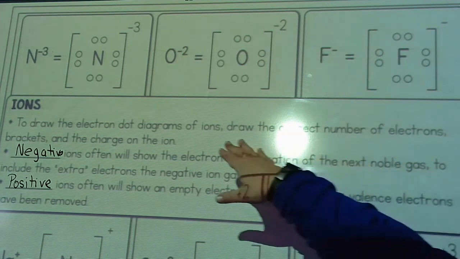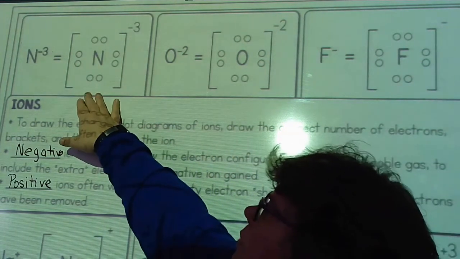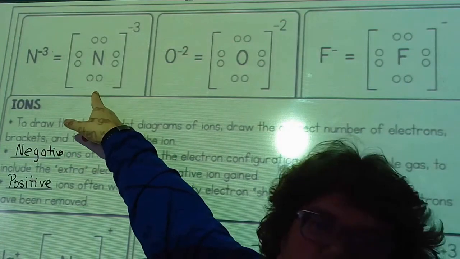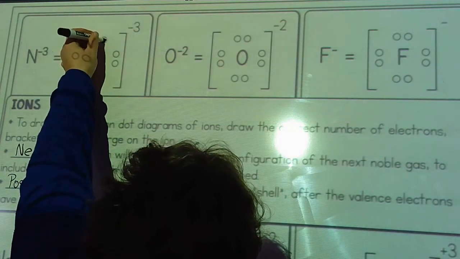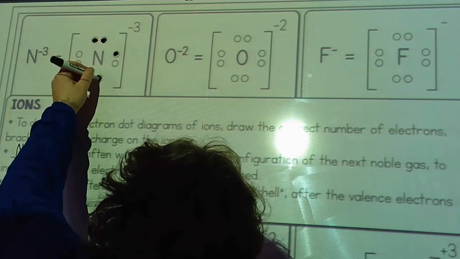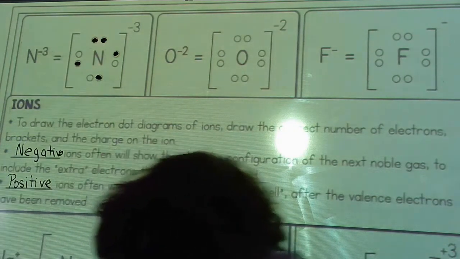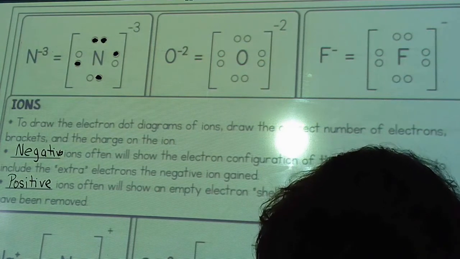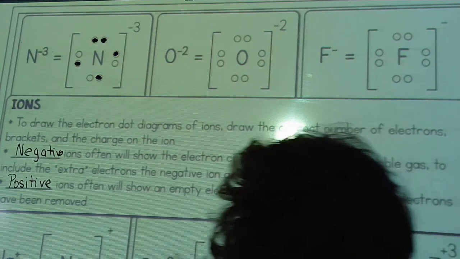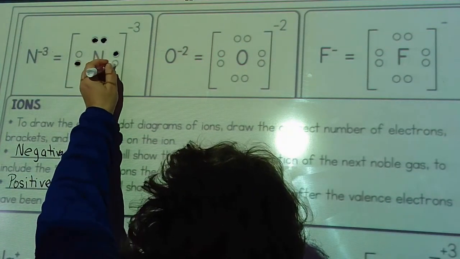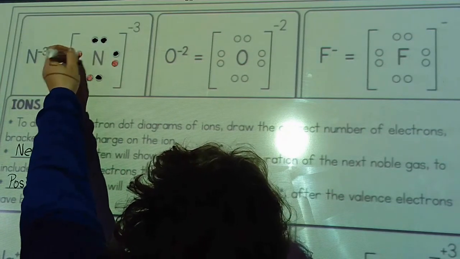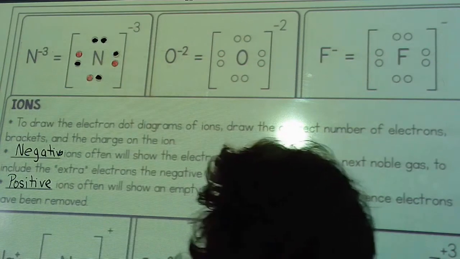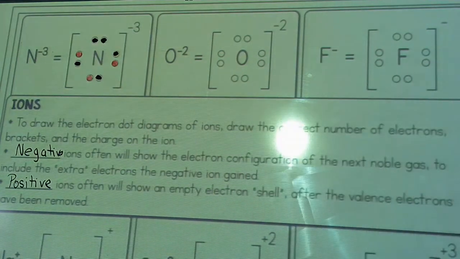So you can see here, here's nitrogen. It's got a 3 minus charge, which means it has 3 extra electrons. It has the 5 that it started out with, because nitrogen has 5 valence electrons, and then it has the 3 that it gained to make itself have a stable octet, or 8, which gives it a -3 charge.